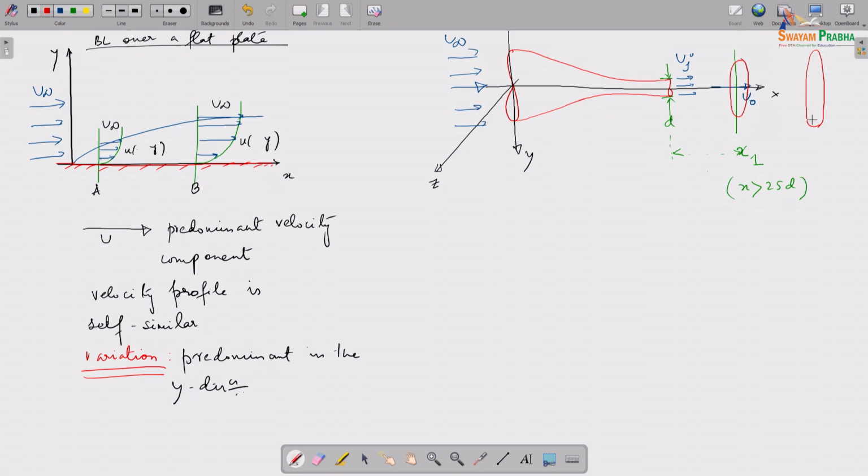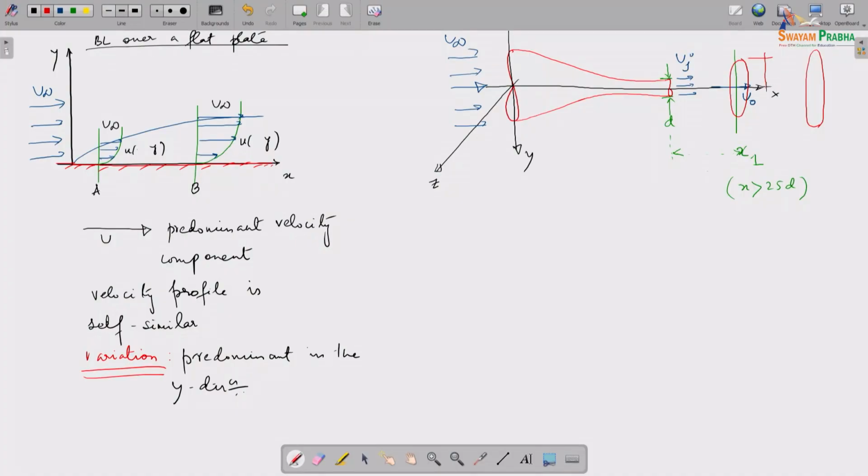You can see that this also changes as we go along x. This is the jet spread, the jet half width, which is r half.